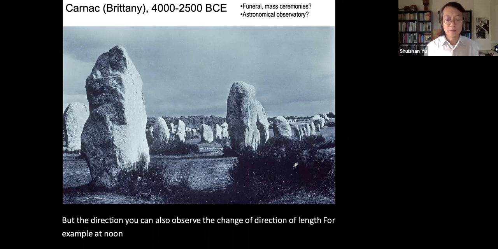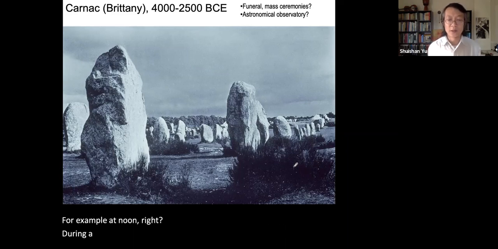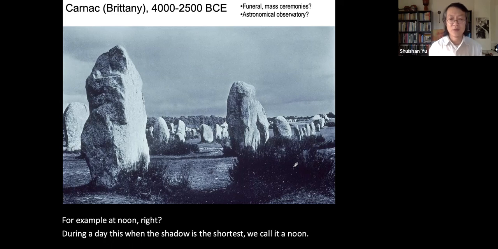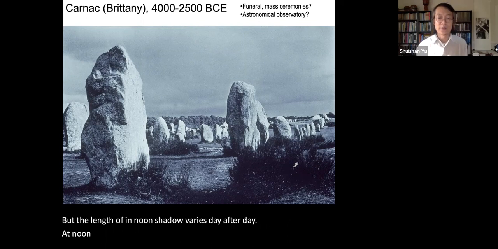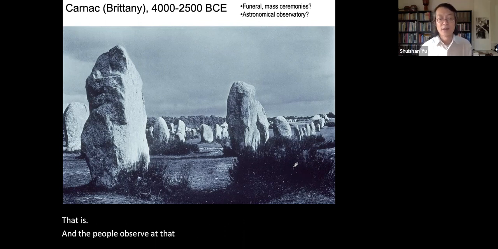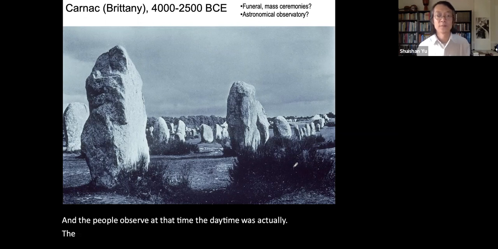During a day, when the shadow is the shortest, we call it noon. But the length of that noon shadow varies day after day. At noon time, when the shadow is the longest, people observe that the daytime is actually the shortest.